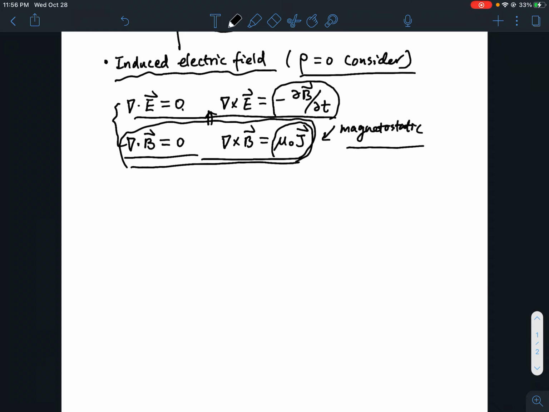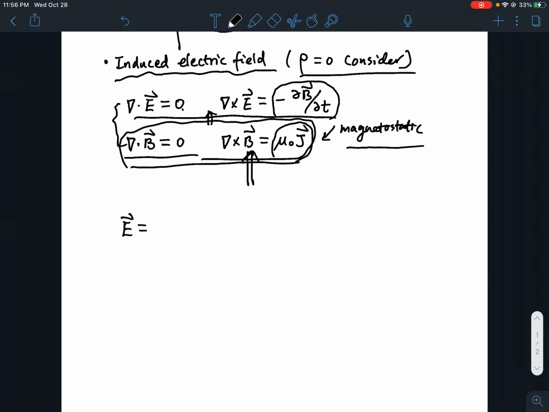That is really interesting. For example, remember that to figure out B, we have the Biot-Savart law. We can write down E in exactly the same way, we just replace the terms.